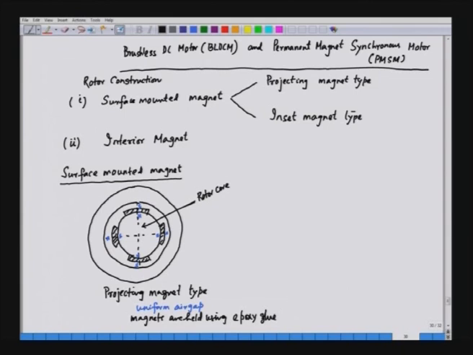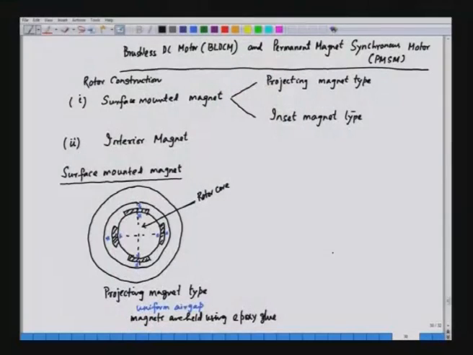Now, if we want to go for a little more robust construction, what we do is that the magnets are buried or pressed inside the rotor, and that is called the inset permanent magnet structure. So, you will see an inset permanent magnet structure where we have the rotor here, and we can construct a 4-pole structure where the magnets are put inside the rotor like this.